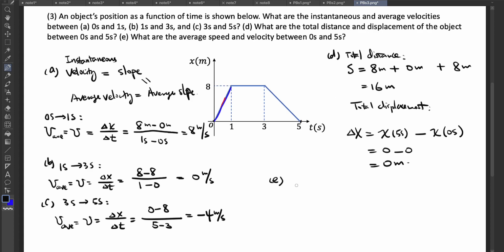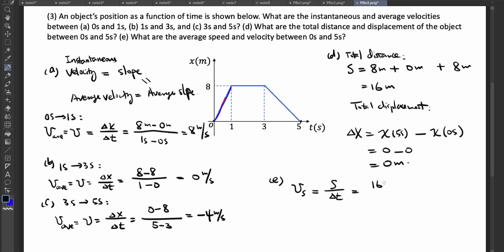Now question E, the average speed and average velocity between 0 and 5 seconds. Average speed, let me call it Vs. S corresponds to the S symbol here for the distance. So Vs is given by S over delta t.